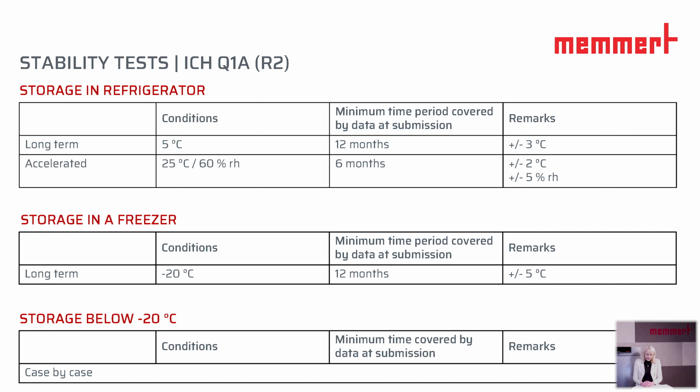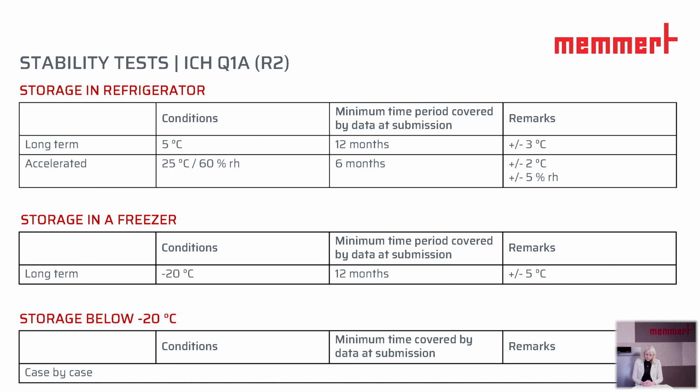Storage in a freezer, this is actually very rare. Here the testing has to be done at minus 20 degrees for 12 months in a limit of plus minus 5 degrees. In the absence of accelerated storage, the testing of a single batch at elevated temperature, for example 5 degrees plus minus 3 degrees or 25 degrees plus minus 2 degrees, for an appropriate time period to address short-term excursions outside the proposed label storage condition is requested, and that is for shipping and handling.